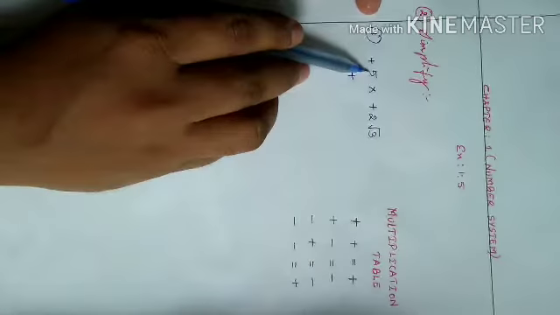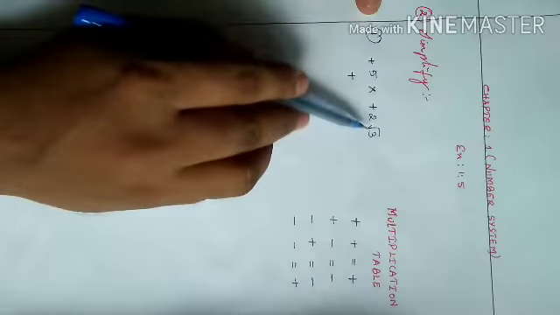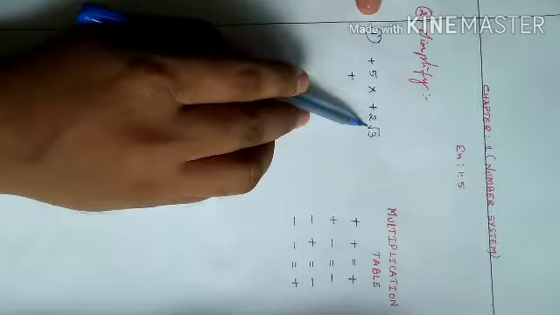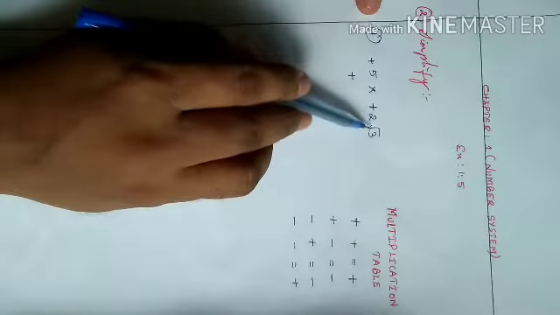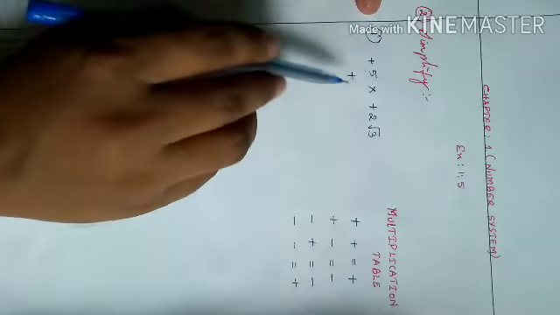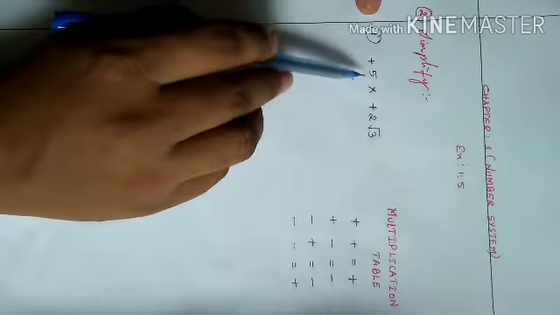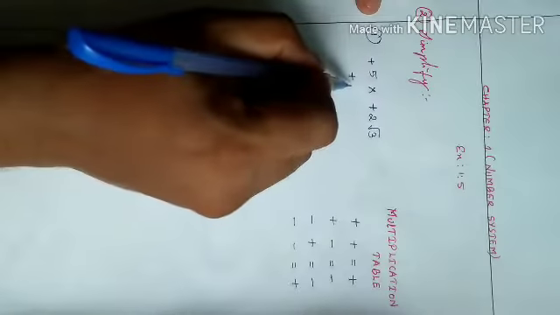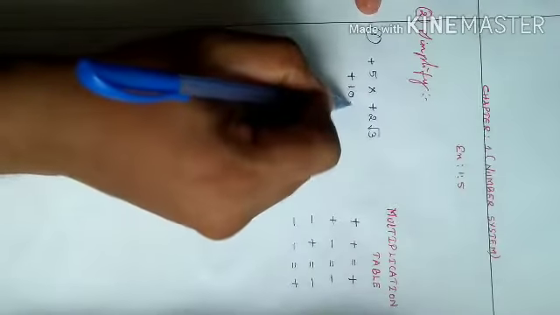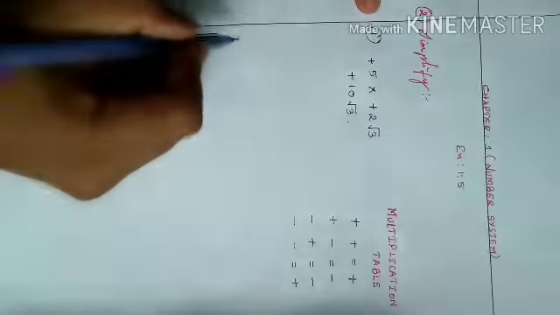Here 5 is a whole number, 2 is a whole number, and root 3 is an irrational number. So we cannot multiply 2 and root 3. First we should multiply the whole numbers. What are the whole numbers here? 5 and 2. 5 into 2, 10 root 3.